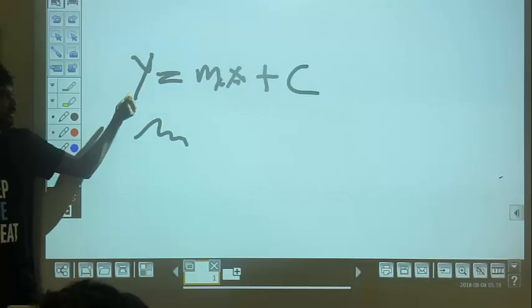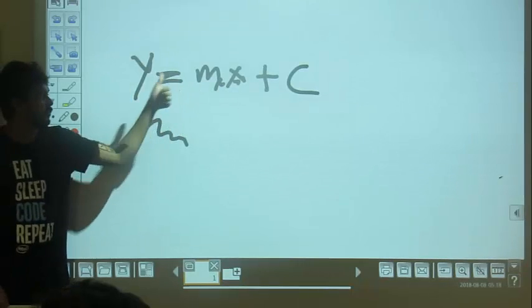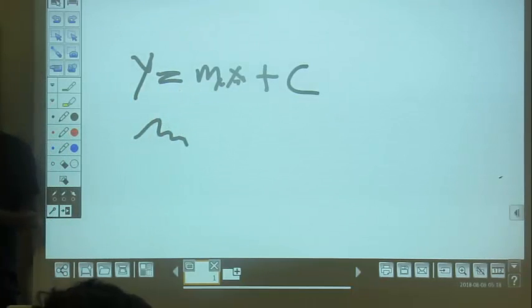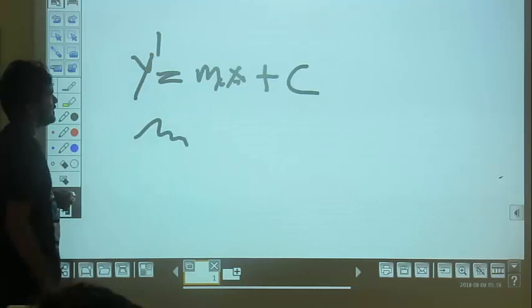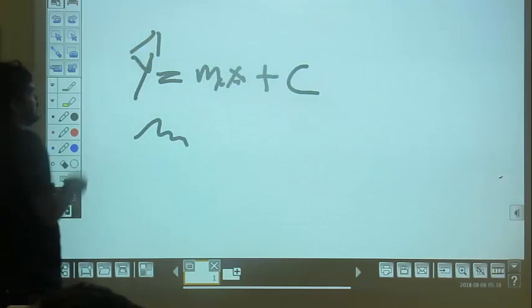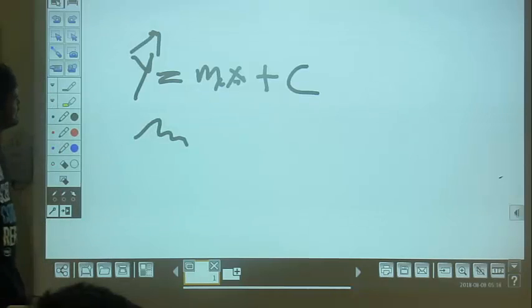But our real y, let's say we start with m equals 1 and c equals 1, and we get a function for x. So we multiply x by 1 and add c, which is another 1. Let's say y hat is our predicted output, that means we compute mx plus c.